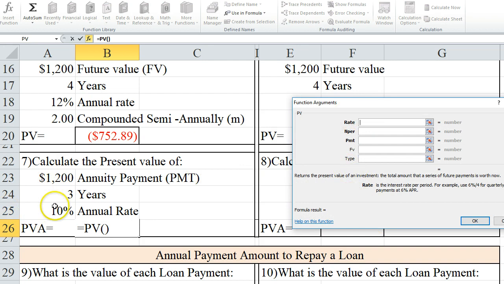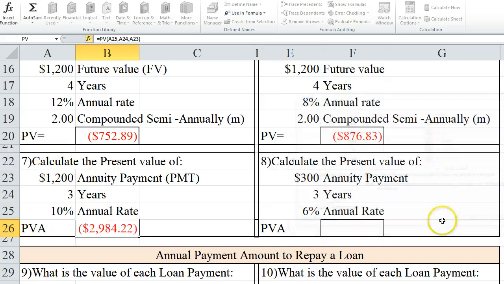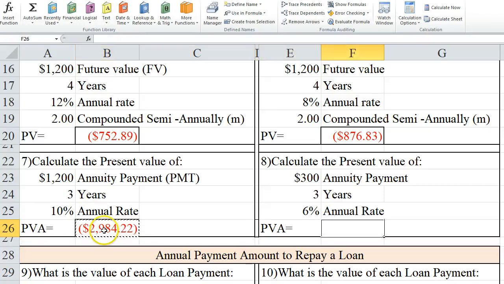And we have our rate, we have our NPER, and this time we have a payment. Okay, so this $3,600 is really only worth $2,900 today because of this discounting. So let me put that over here.